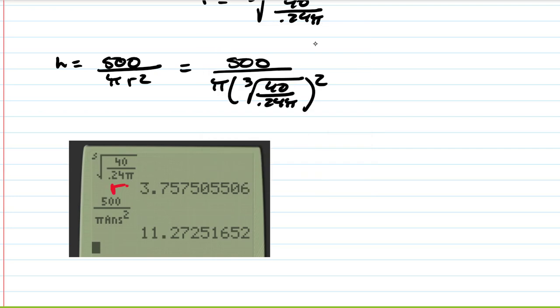So that gives us our r, and that gives us our h. Sorry, those aren't strict equals, they're approximately. So about 3.76 centimeters for the radius, and about 11.27 centimeters for the height would be the design of the can that would minimize the cost given those constraints.